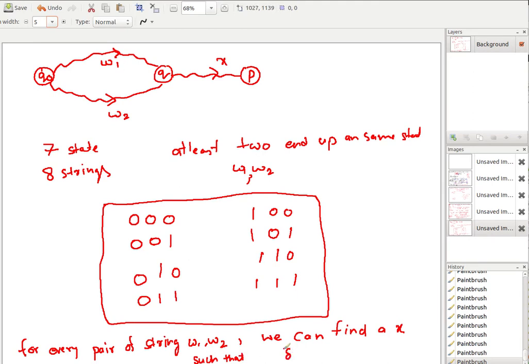delta cap of Q0, W1x and delta cap of Q0, W2x, exactly one of them is final and the other one is non-final.